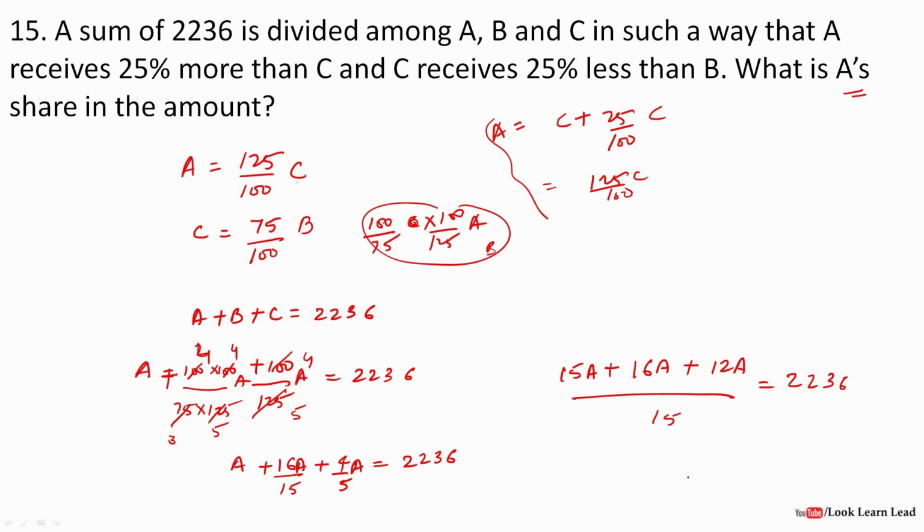So A would become 2236 into 15 by 43. It will go in the 43 table, I think. 43 5s are 215, 43 2s are 86. So it is 15 into 52, which is 780. 780 would be the answer for this question.